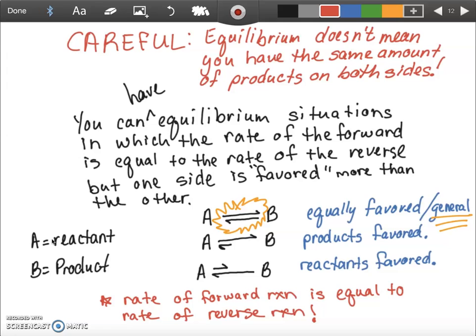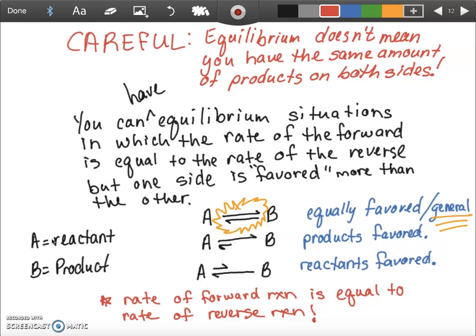Equilibrium is only reached in a case where the speed of the forward reaction is equal and opposite to the rate of the reverse reaction. There are situations in which these double-headed arrows aren't necessarily equal, and the products could be favored or the reactants could be favored. Nevertheless, the rate of the forward reaction is still equal and opposite to the rate of the reverse reaction when equilibrium is reached.